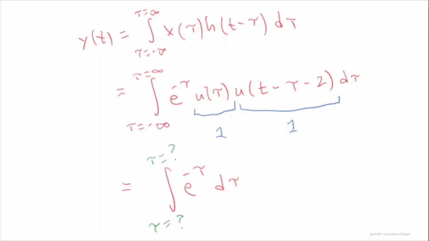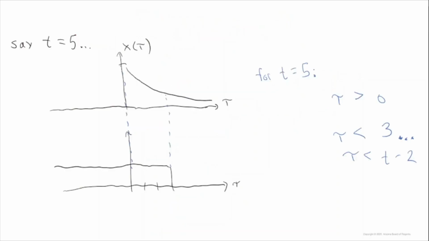To find our limits of integration, let's go back to the visual representation again. Let's plug in a value of t for which there is definitely no overlap, for which there definitely is overlap, and then draw the signals. I'm going to choose t equals 5.